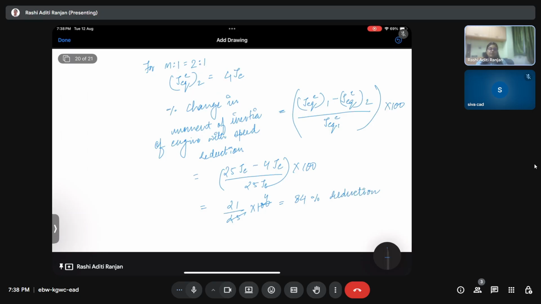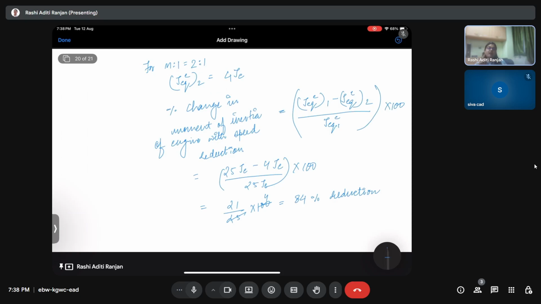reduction. So you look over here, my system is exactly the same. There is no change of any kind of mass or design of the system. The mass is the same, the design is the same, everything is the same. Only the reduction is happening. The speed reduction is changed from 5:1 to 2:1.